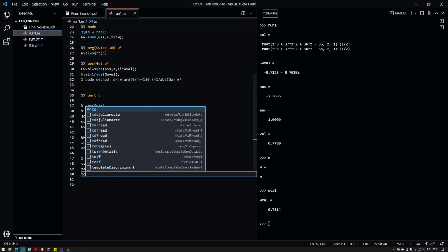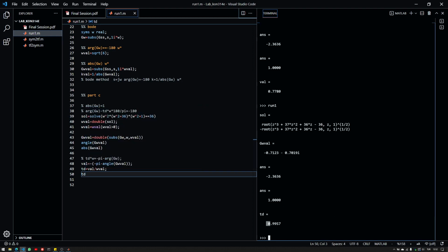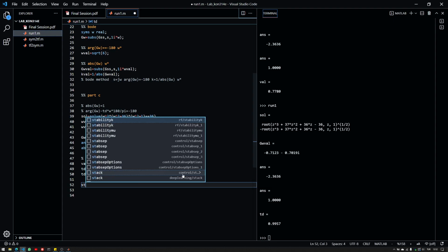So let's see what TD in seconds is. 0.9957. So approximately 1 second of delay can be added to the system, and then the closed loop constructed with this structure should give me a marginal stable or even unstable closed loop response. So let's check it out.